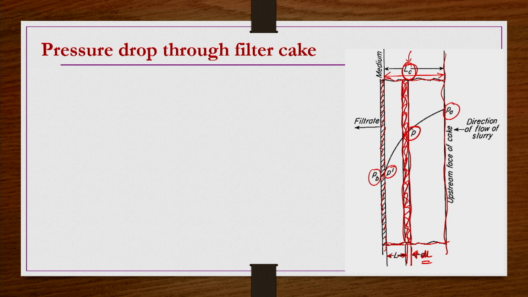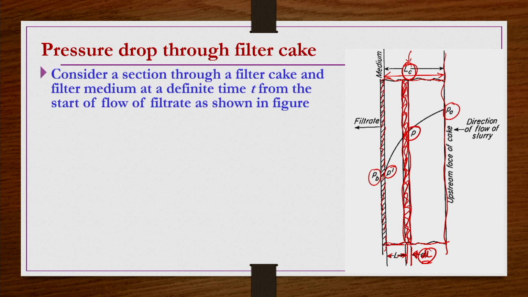The pressure for this layer is P. Across this thin layer of thickness dl there is a pressure drop, and that pressure drop you can calculate using the Kozeny-Carman equation.